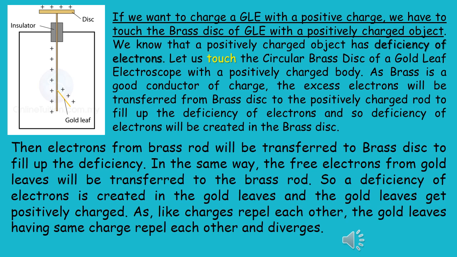In the same way, the free electrons from gold leaves will be transferred to the brass rod. So, finally, a deficiency of electrons is created in the gold leaves, and the gold leaves get positively charged. As like charges repel each other, the gold leaves having same charge repel each other and show divergence.